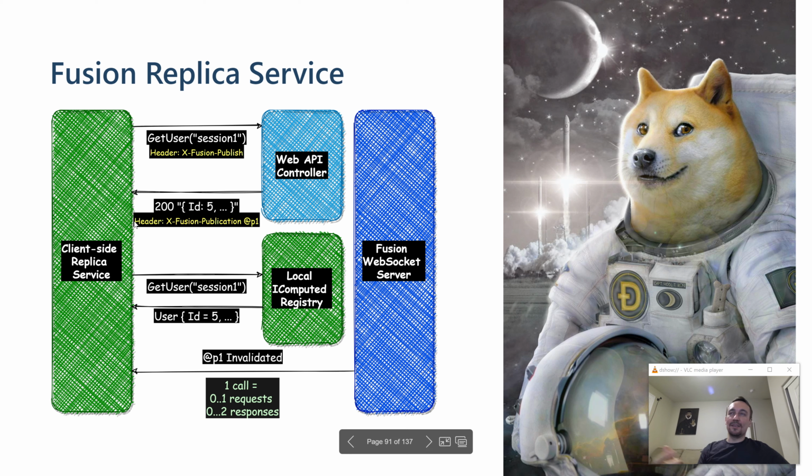If you keep track of parameters and stuff like this, until the moment the previous response is invalidated, you can technically serve the old response and you don't have to even call the remote server. So this thing is resolved locally, and that's how you kill the RPC chattiness with Fusion.